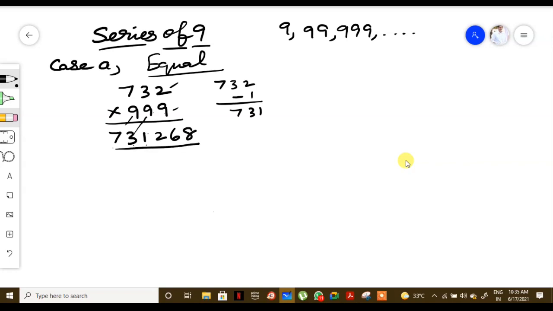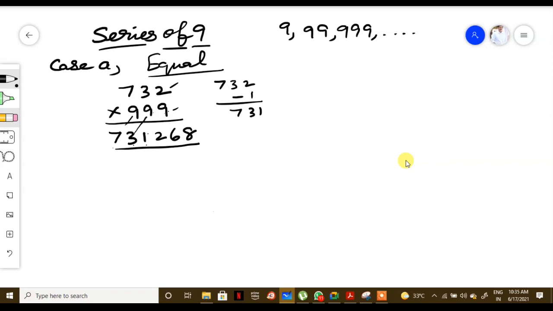Again I repeat this method. We are dealing with an equal number of 9s, right? We have a 3-digit number here and three 9s here. Just subtract 1 from the above number: 732 minus 1 is 731. We put that number on the front side.